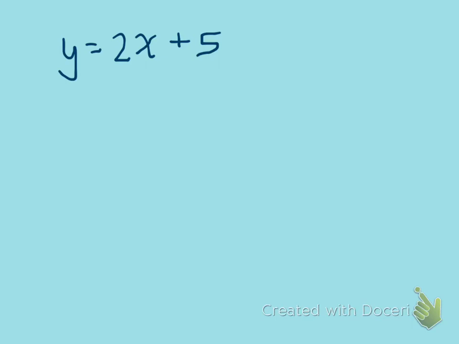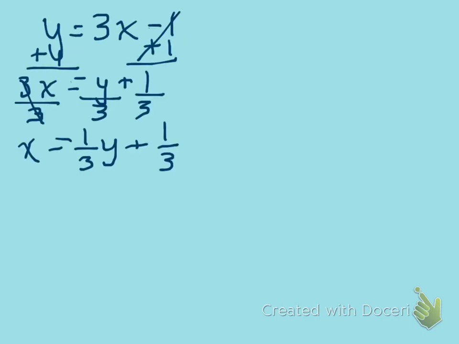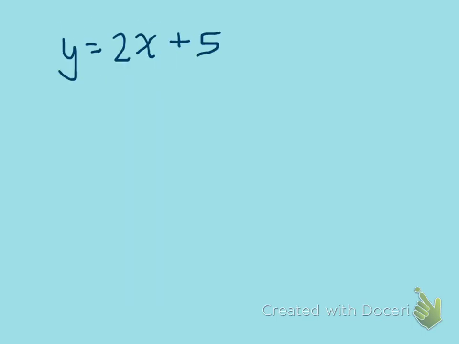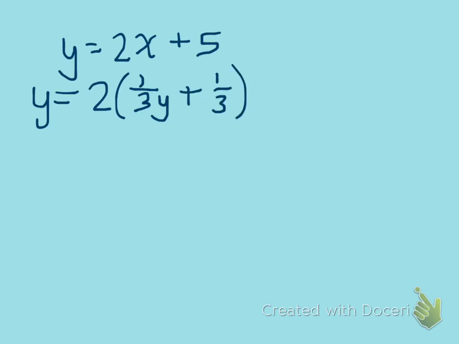Okay, I rewrote the first equation, y equals 2x plus 5, and now I'm going to rewrite it substituting in this equation that we got for x. So y equals 2 times 1/3 y, positive 1/3, plus 5.